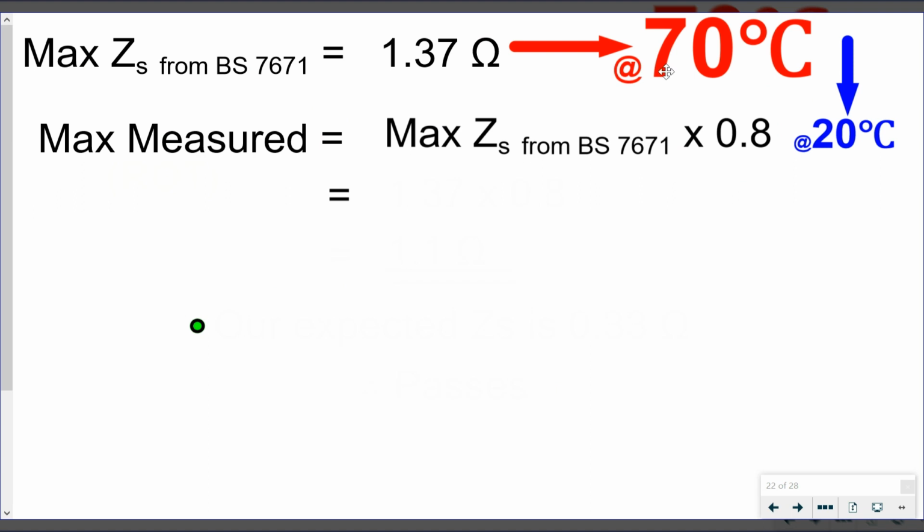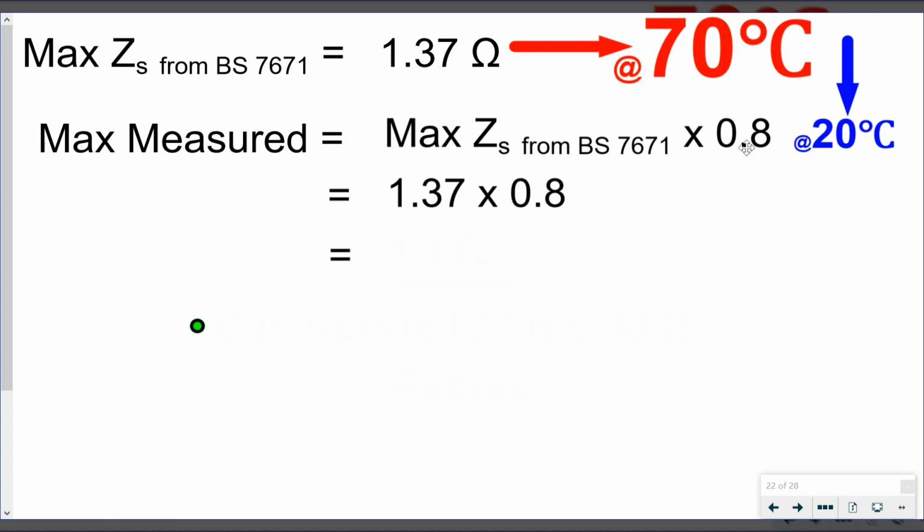Bringing it from 70 down to 20 is a 50 degrees C change. Multiplying 50 by 0.004 gives us a factor of 0.2. We take that 0.2 away from the original value at 70, which means we're multiplying it by 0.8.